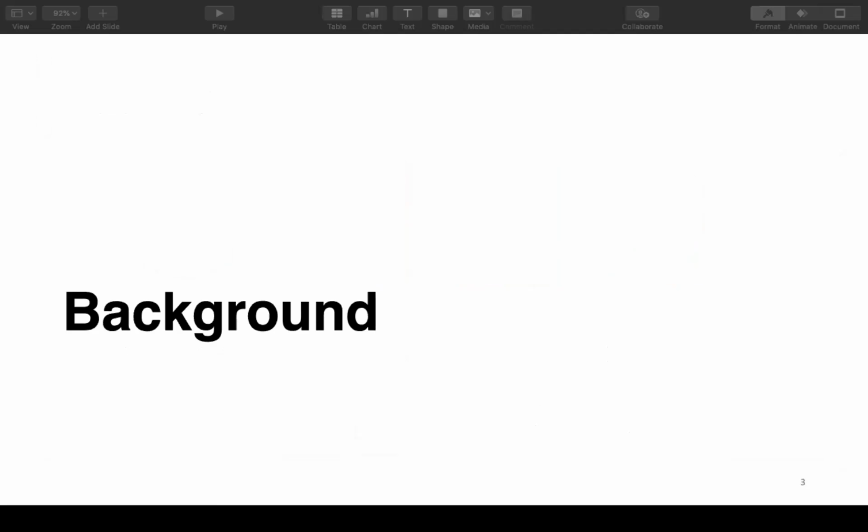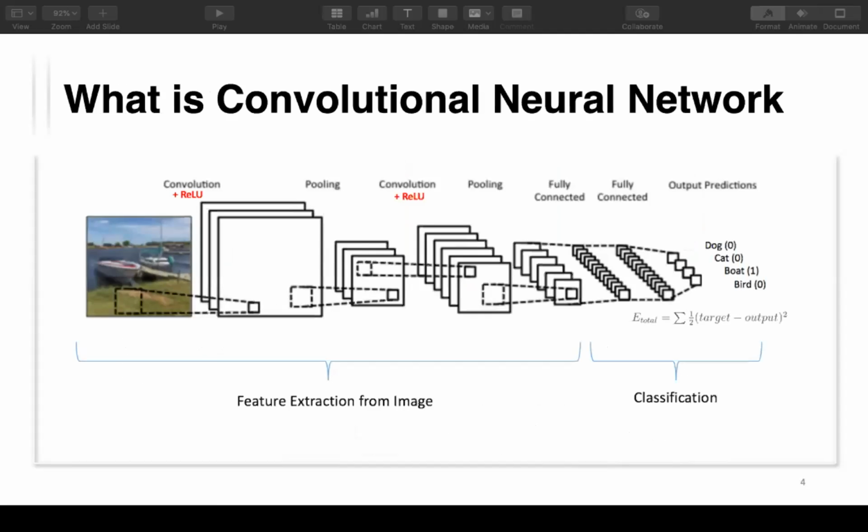Before we get into the paper, let's get some background on the topic that the paper discusses. First of all, I will introduce what a convolutional neural network is. I guess you are all very familiar with the CNN.